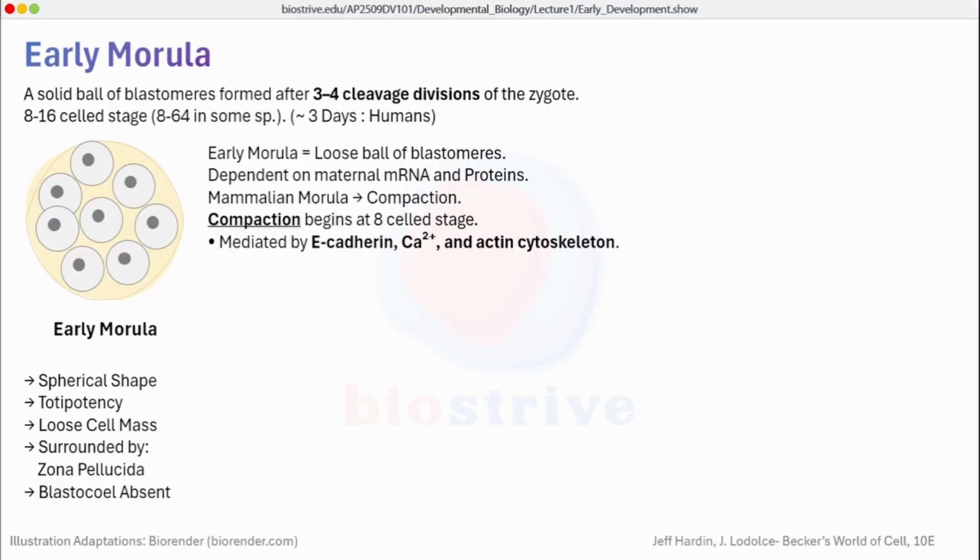This compaction is mediated by specific cell adhesion molecules, and in this case these cells will start expressing a specific cell adhesion molecule which is known as epithelial cadherin. And this epithelial cadherin or E-cadherin is calcium dependent. It is attached to the cytoskeleton, specifically to the actin cytoskeleton via beta catenin and alpha catenin proteins respectively.